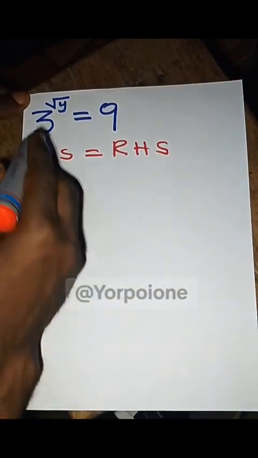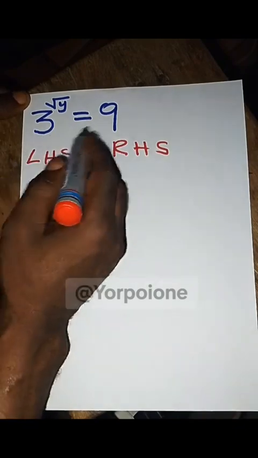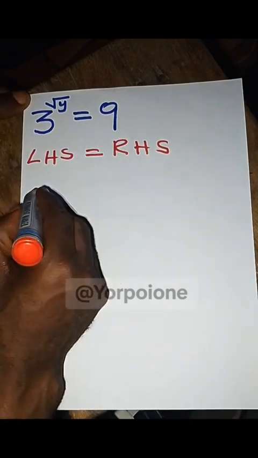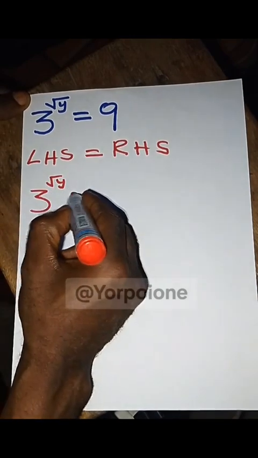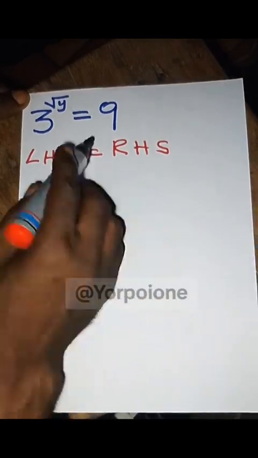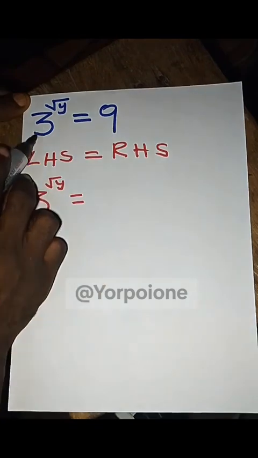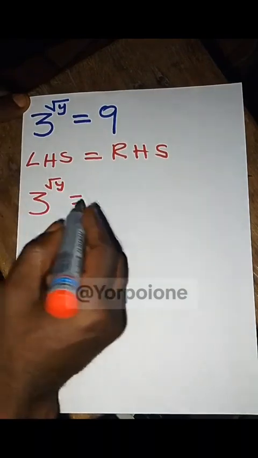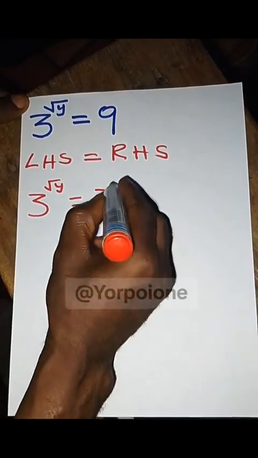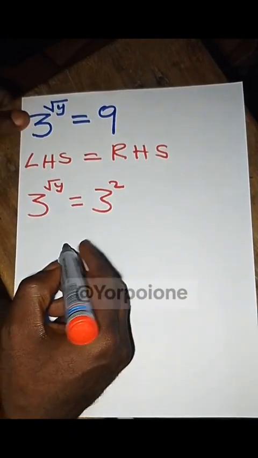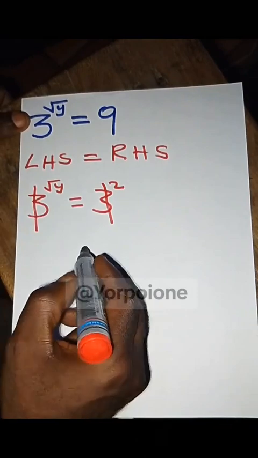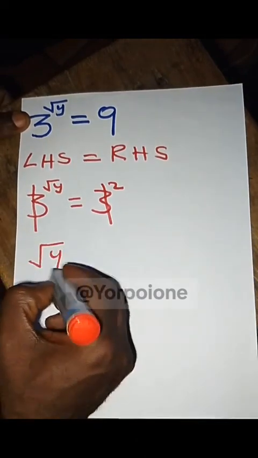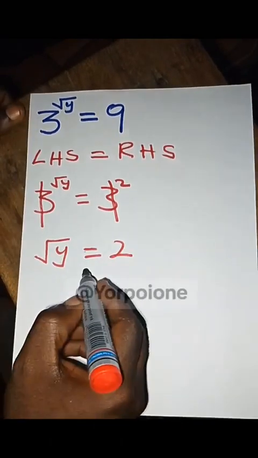Since this is 3 and we want to satisfy both sides, I have 3 to the power root of y is equal to 9. 3 raised to which power gives us 9? 3 raised to the power 2. So we cancel the bases, and we now have the root of y is equal to 2.